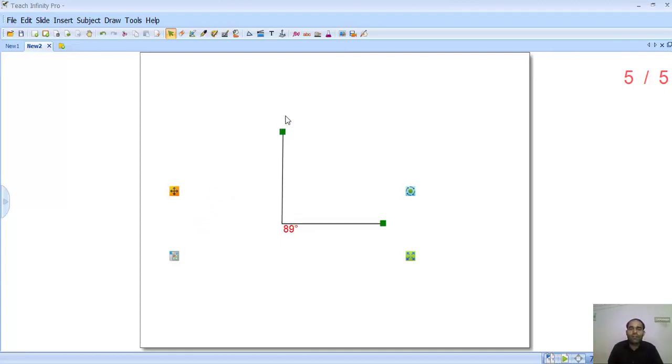Now first we'll talk about obtuse angles. Okay, let's see. Now let me draw one line here.